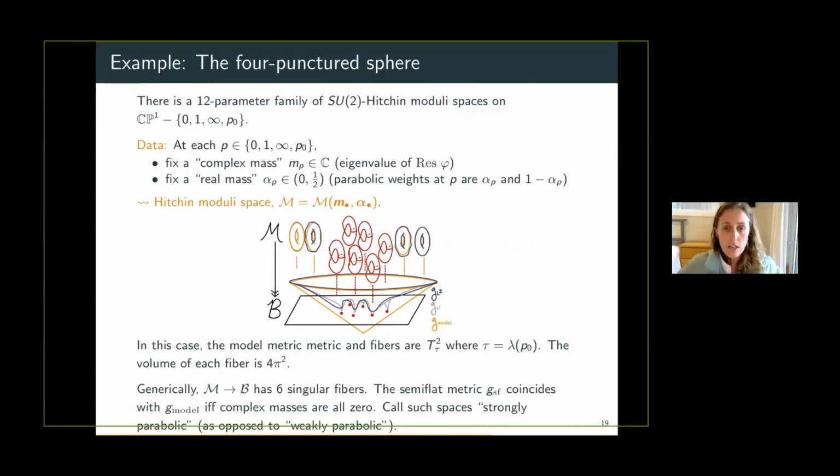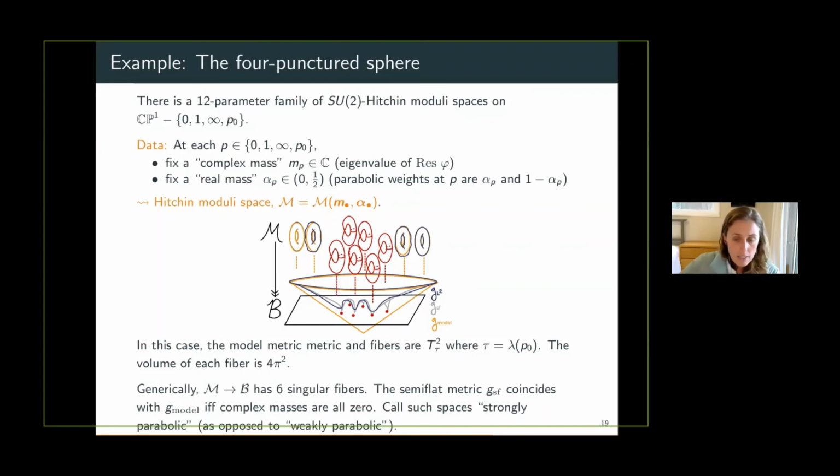Analytically, this is encoding that the Hermitian metric has singularities like z to the 2 alpha p as you go to the divisor. So with these, 1 complex and 1 real at each of the 4 points, so that's a 12 real parameter family, you get a Hitchin moduli space.